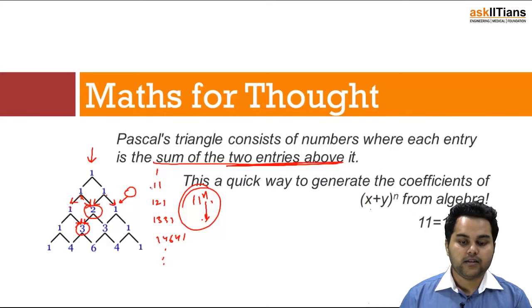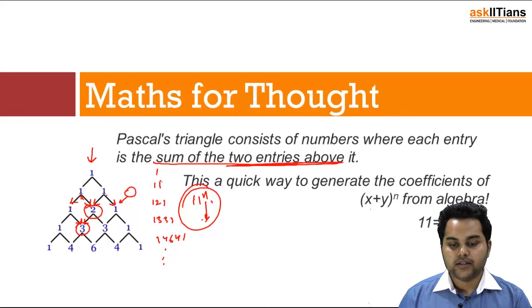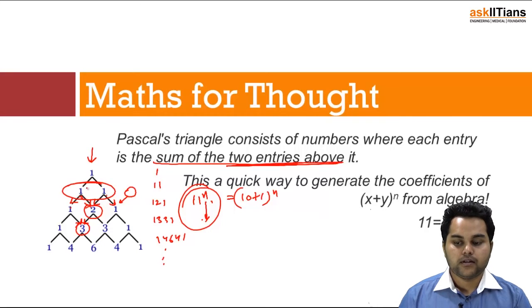So if I see here, 11 is (10 plus 1) raised to n, and hence it is the sum of the coefficients. It is the coefficients of the binomial (10 plus 1) raised to n, and that's why I get 11 raised to n in pattern in the Pascal triangle.